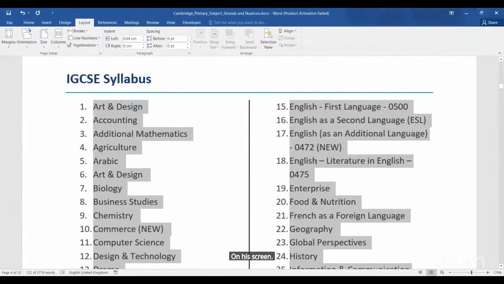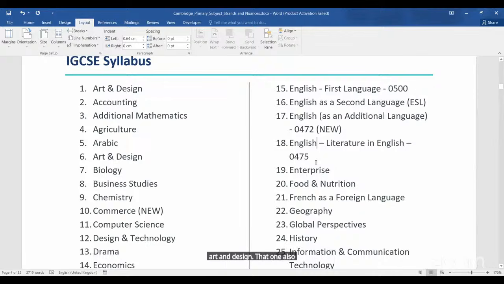Art and design. That one also is under Checkpoint, don't forget. But we don't go there. Art and design. Accounting. These are the subjects for senior secondary under the British curriculum and under Cambridge. Art and design, accounting, additional mathematics, agriculture, Arabic, art and what's the name of this one?